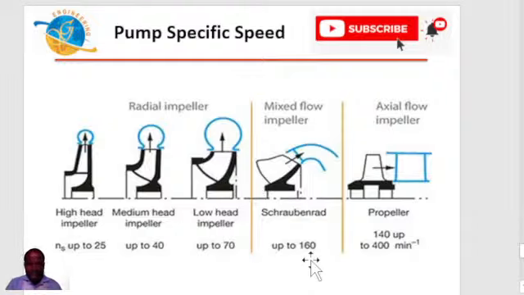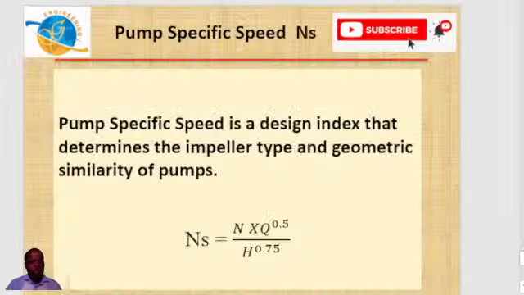If it is around 150 up to even 400, it is what? Axial flow impeller. So basically, the pump specific speed will determine the impeller shape and the geometric similarity of the pump.